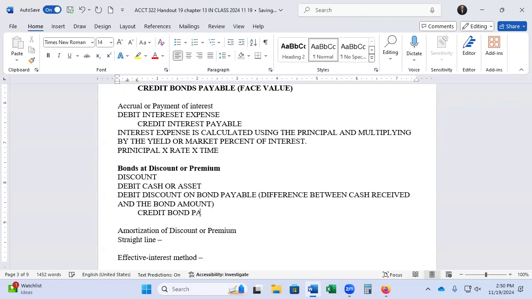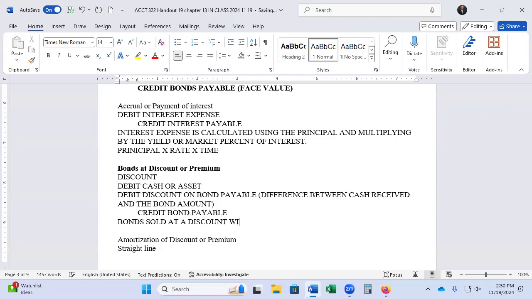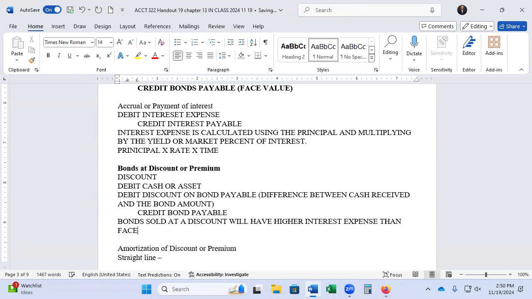And then you credit bond payable. Bonds sold at a discount will have higher interest expense than face value of the bonds. Amortization of the discount adds expense.